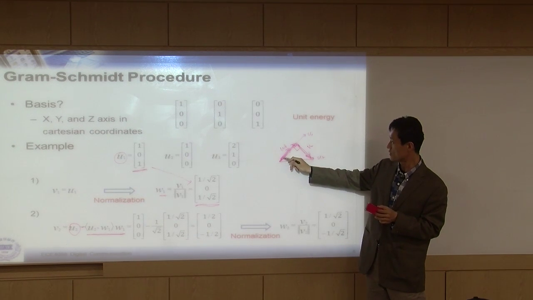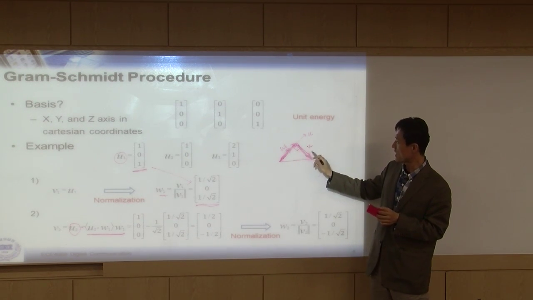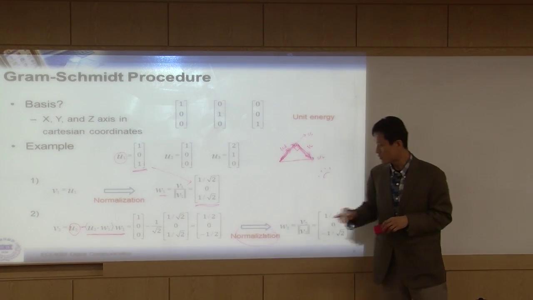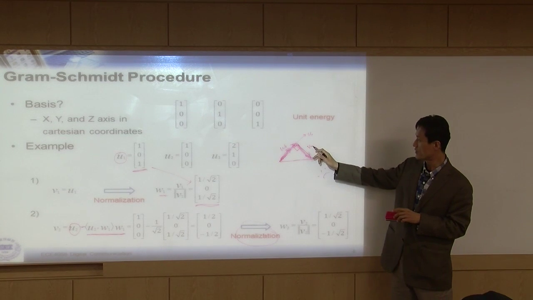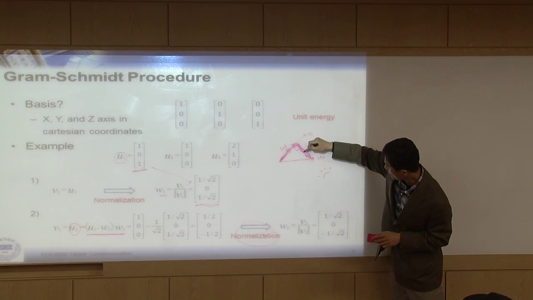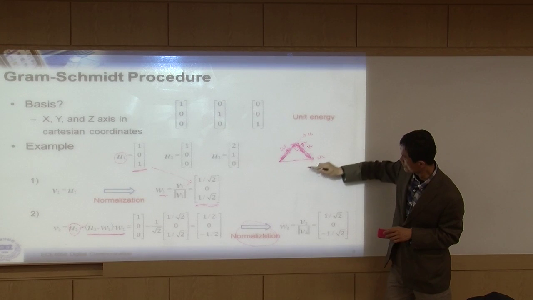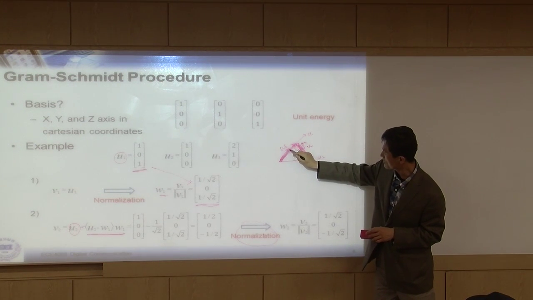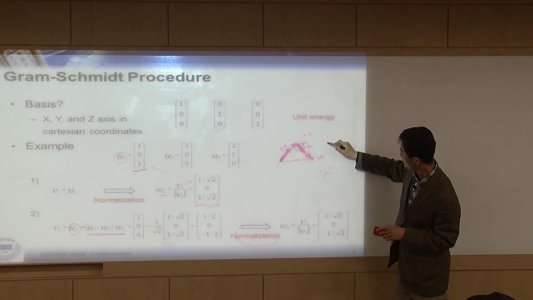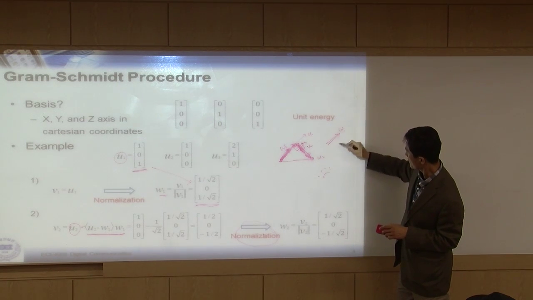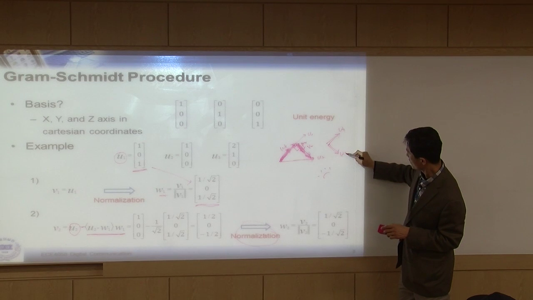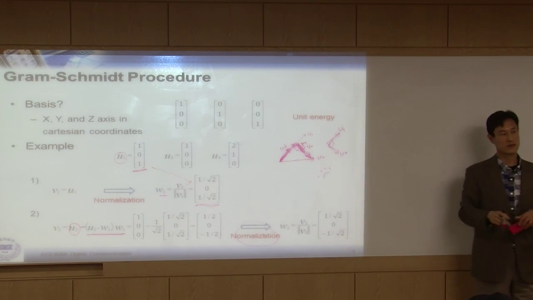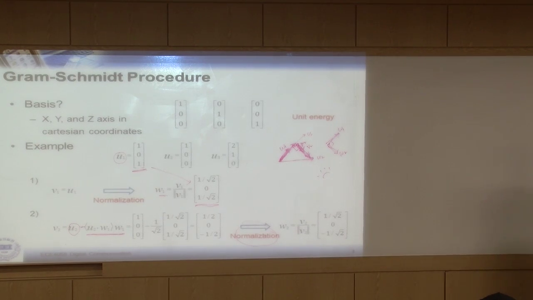So therefore, W1 and V2 are now orthogonal. After that, we take a normalization of V2 and get W2 here. When you look at W1 and W2, those two are now orthogonal and both are size 1, amplitude or power 1, right?